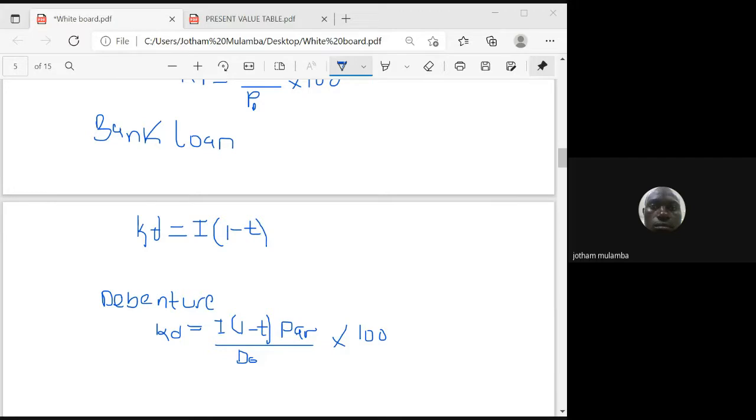Now, I would just like to explain something about PAR so that I don't lose you once we start the computation. This is what usually happens. When we sell shares or debentures, there are three options.